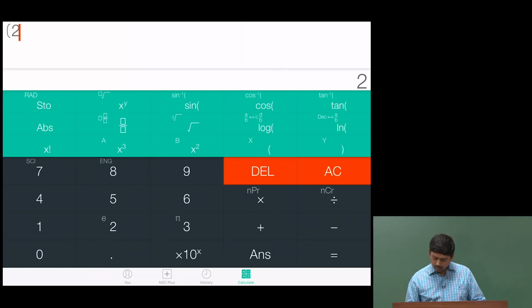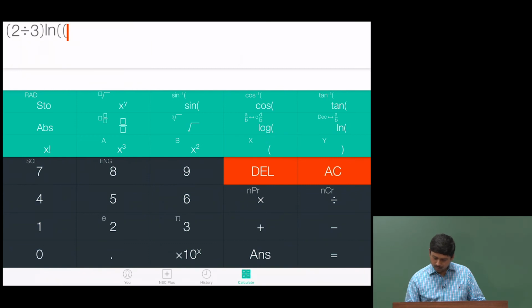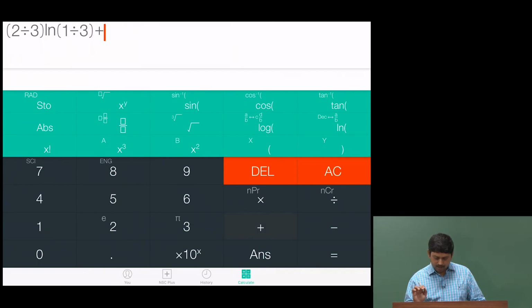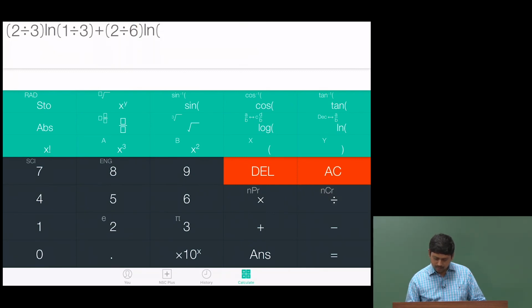So, 2 by 3 ln 1 by 3 plus 2 by 6 ln 1 by 6.